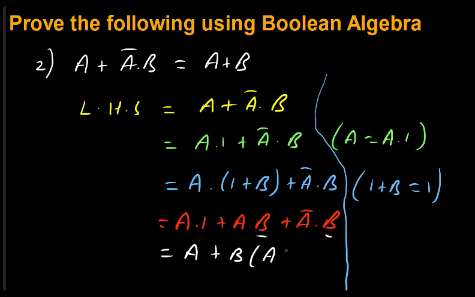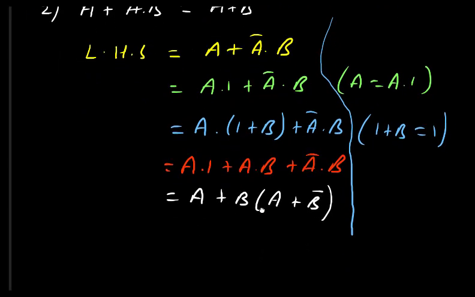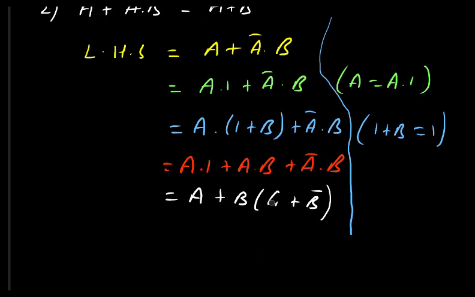Okay, so we are left with this here. Now next what we see, sorry, if you take B common, what we have is A bar. So here we have A and here we have A bar, which are common.